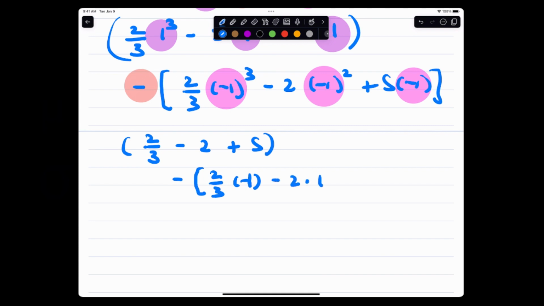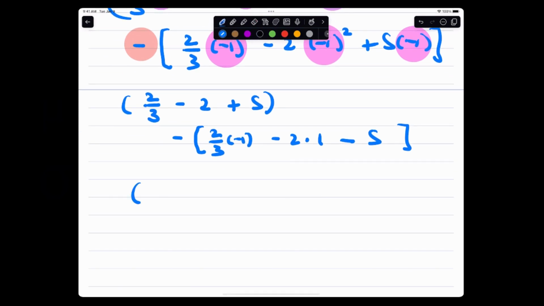Minus 2 times a +1, and then 5 times -1 is -5. So just be careful with the arithmetic with those negative numbers as well. -1 is still kind of nice. And then I'll keep that 2/3 in parentheses.